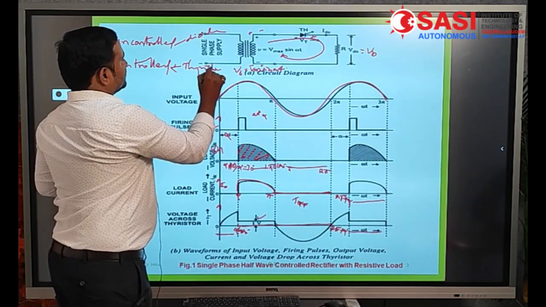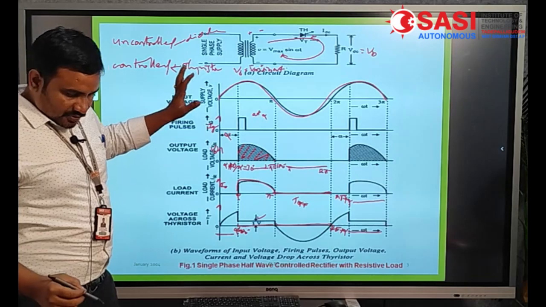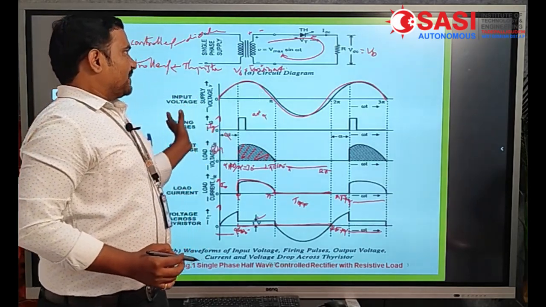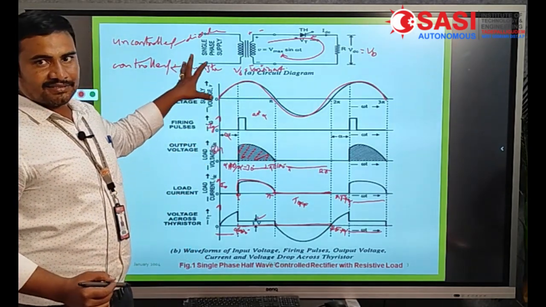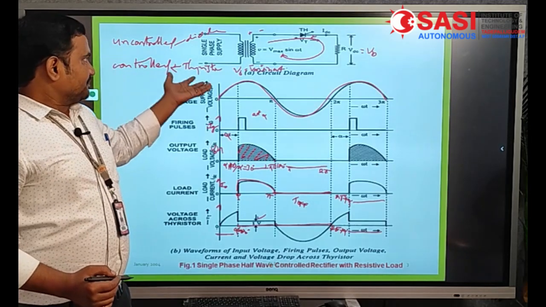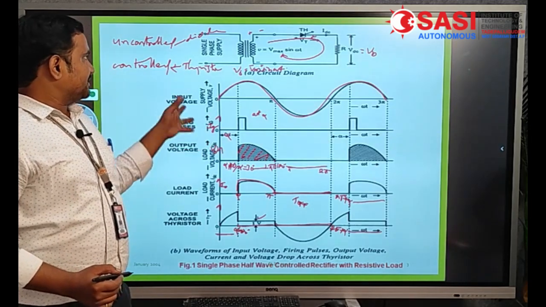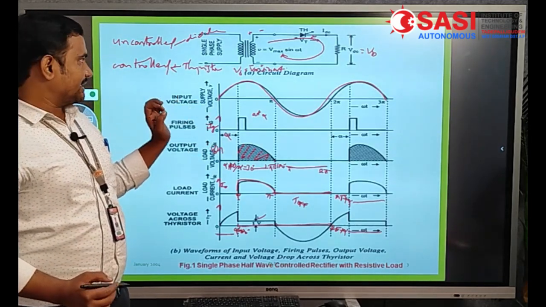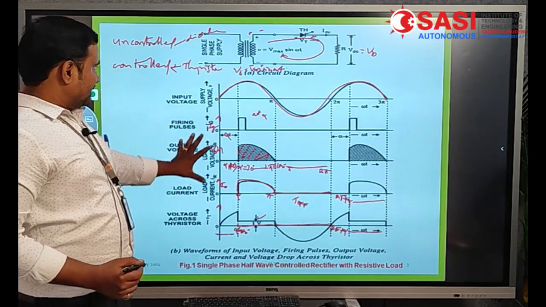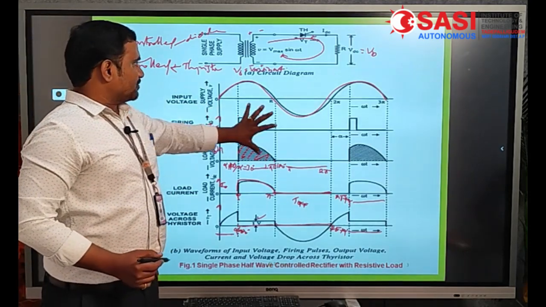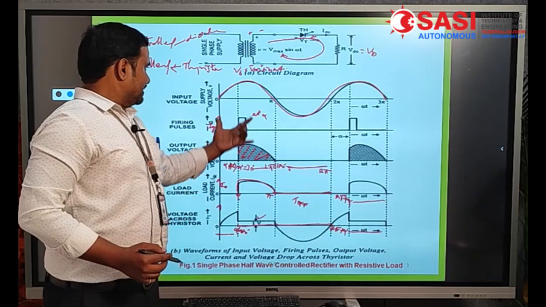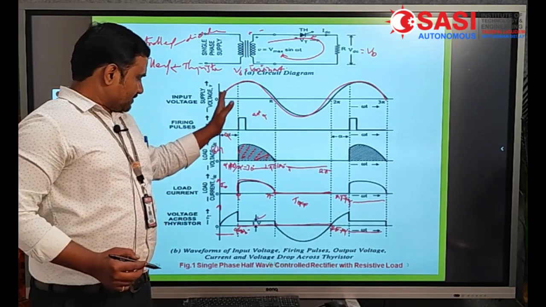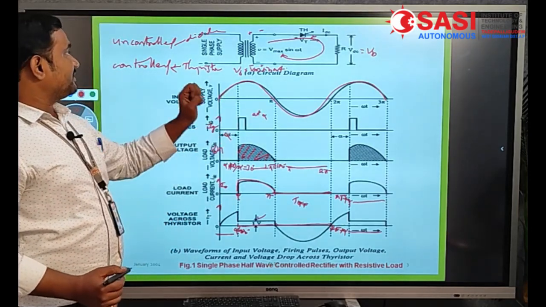Therefore, whenever we require a controlled DC output from the AC supply, we will go with the single phase AC controlled rectifier. Here we are talking about the half wave controlled rectifier, because we are not going to control the full cycle, we are going to control only half of the cycle, that means 0 to pi. So this is the half wave controlled rectifier with R load.